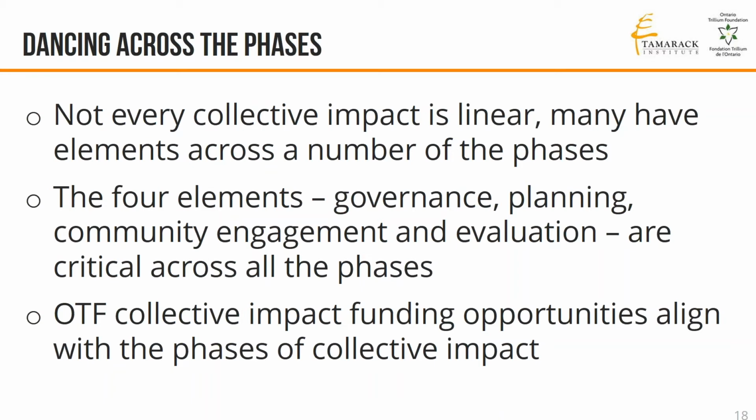The phases, I think, are really opportunities for you to see that this work evolves over time and that it looks different in each of the phases. The 4 elements are consistent across all phases, and they are also very critical to all phases. So you really do need to be thinking about what governance we have to put into place.